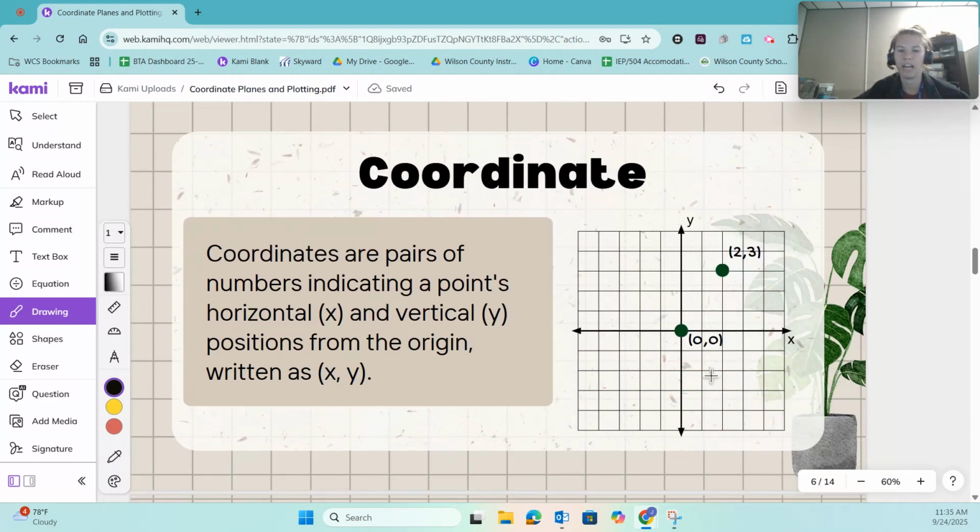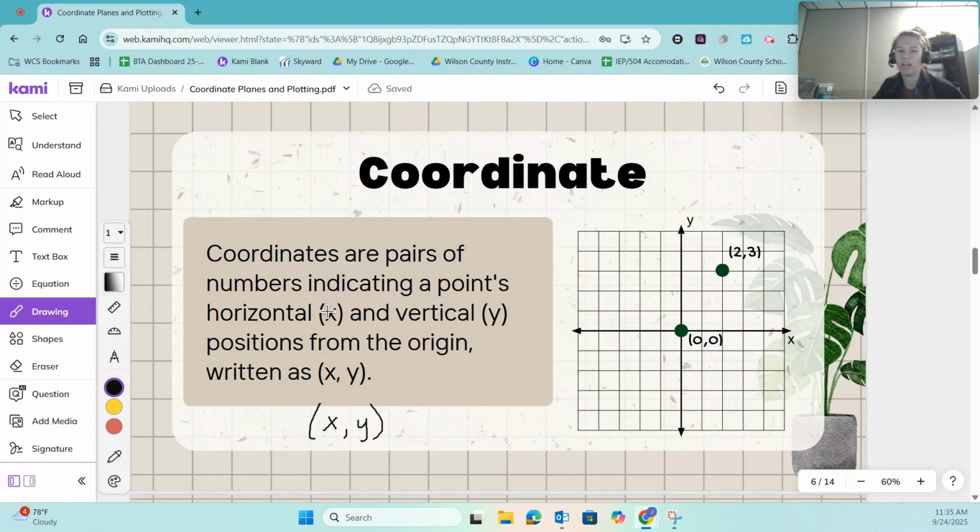Now, plotting coordinates in these planes. Coordinates are given to you in parentheses where the x-axis number is given first and the y-axis number is given second.